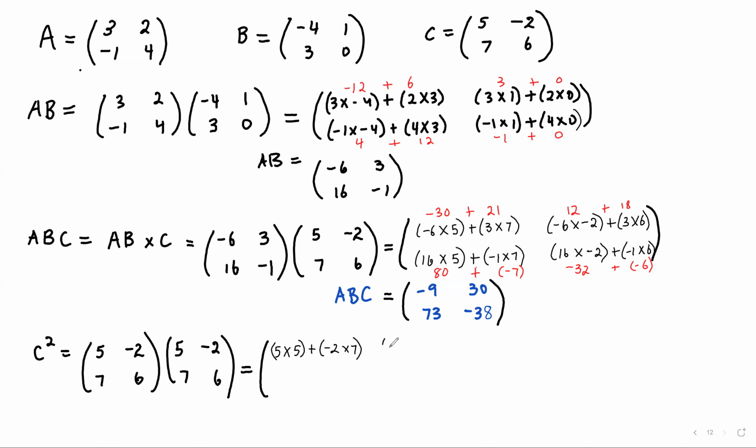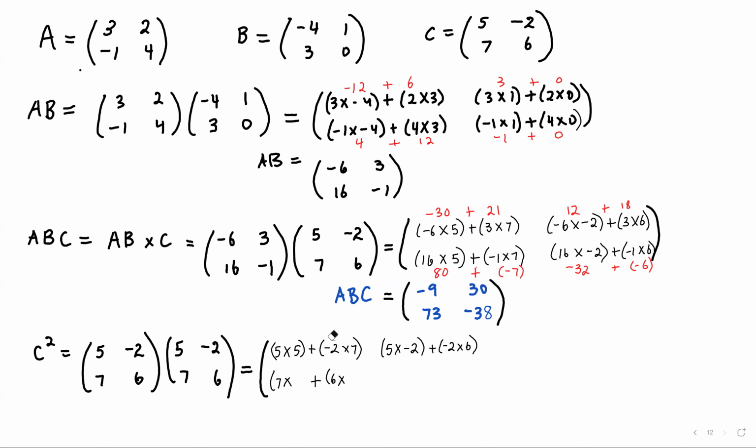So that would be 5 times -2 plus -2 times 6. Now we're on to row 2, column 1. So that would be 7 times 7 plus 6 times 6. Oops, I made a mistake.